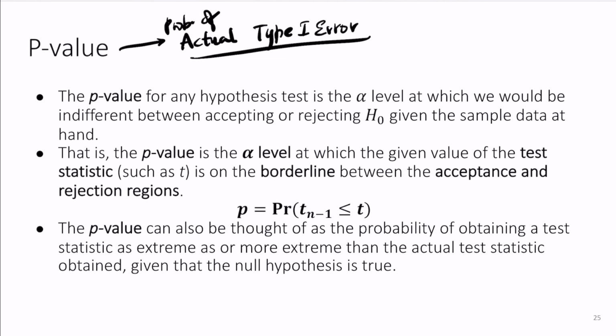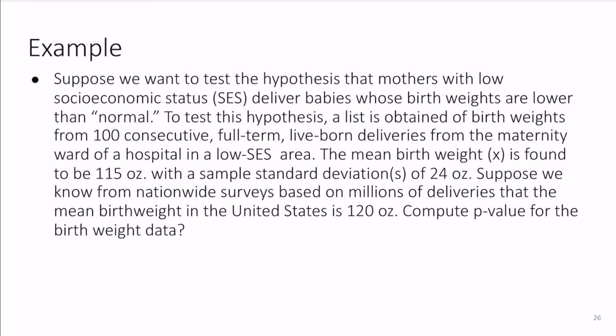Now how do you calculate this p-value from the problem? Let's take the problem here. We have 100 consecutive full-term births. We have x bar equal to 115, standard deviation of 24, and mu naught of 120. They are asking us to compute the p-value for the birth weight data.